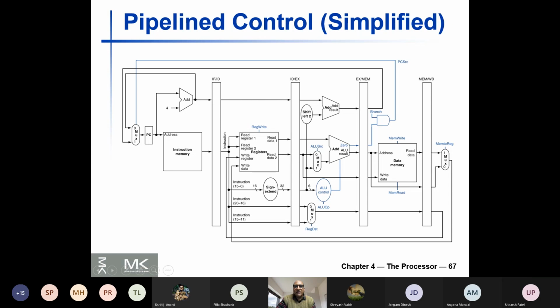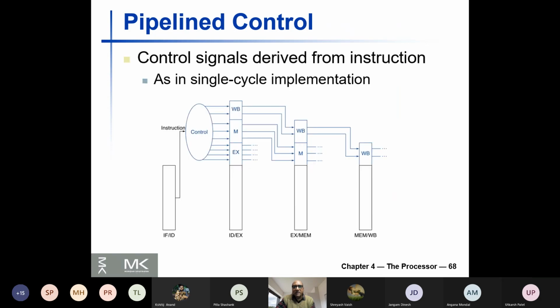But here, simultaneously, the total data path will be occupied by 5 instructions, right? The controller has to generate the control signals corresponding to these 5 instructions and place them in the appropriate stages. So it appears to be difficult, but it is not that difficult.